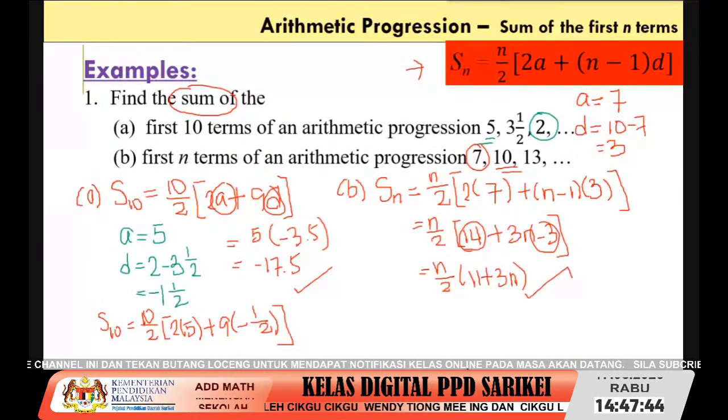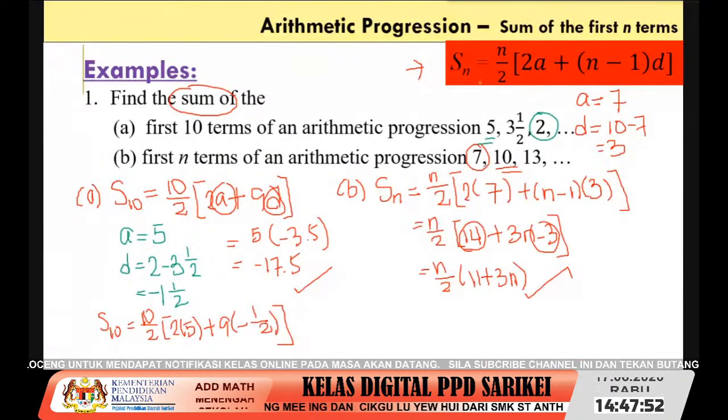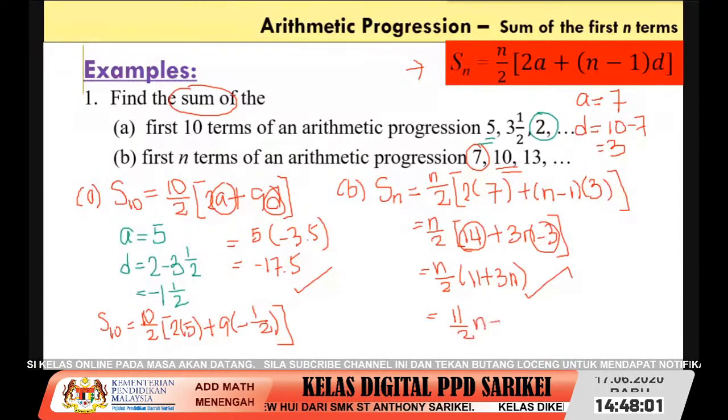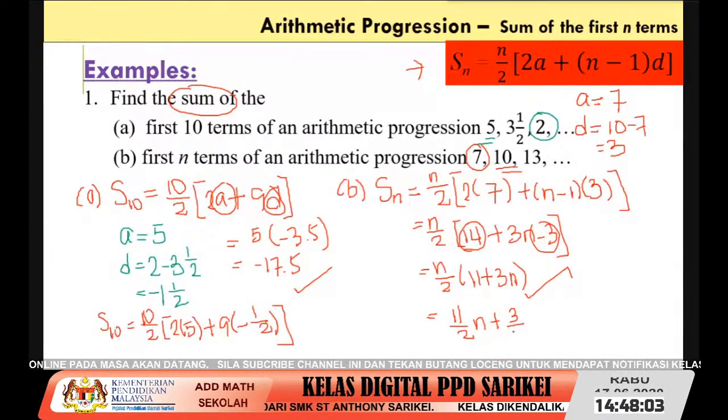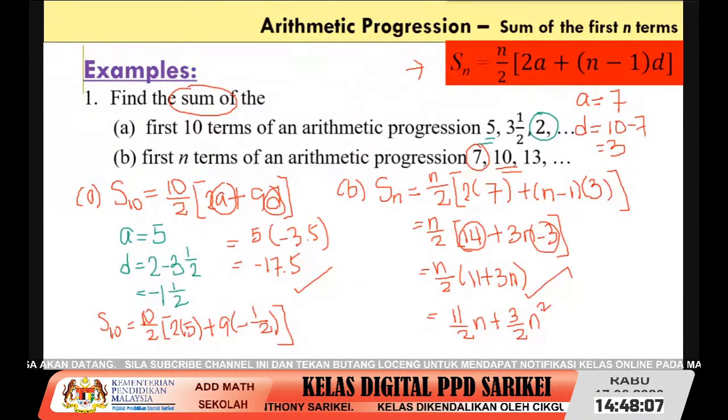That's all. Don't be afraid of n or S, don't be phobic. Just follow step by step and substitute into the equation. If you want to expand, it is 11 over 2 n plus 3 over 2 n squared.